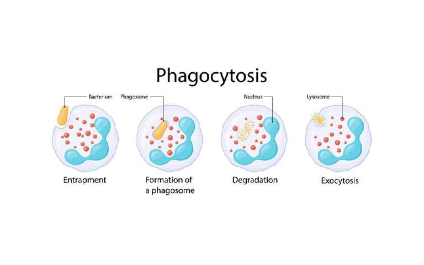Here is another diagram for you to visualize it very clearly: entrapment, formation of phagosome, degradation, and then exocytosis. So mentally visualize how this cell is going to get hold of the bacteria and then destroy it, which is happening inside your body. These are your protectors.